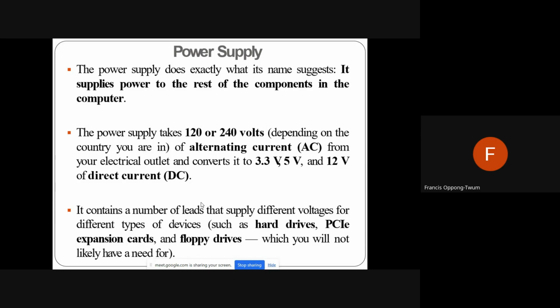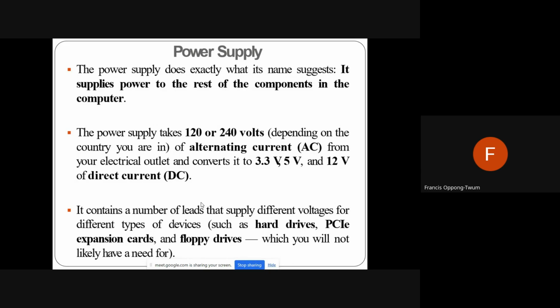And then it converts this to 3.3V, 5V, or 12V of direct current. That one too depends on the country we find ourselves in. Who can tell me the specification for Ghana? Our specification, who can tell me? 240 volts, sir. Yes.